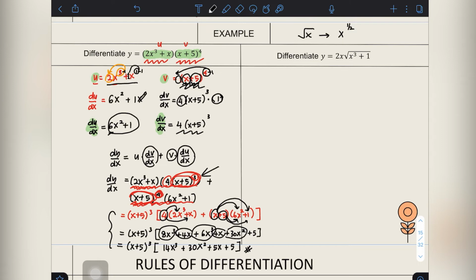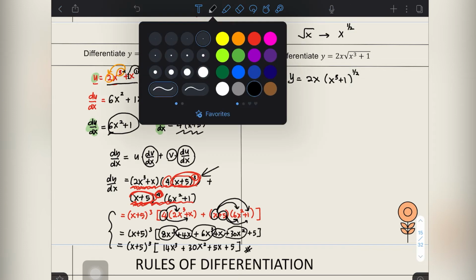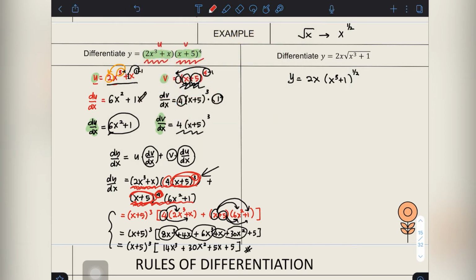So we can write this equation as y equal to 2x multiplied by (x^3 + 1)^(1/2). So now you already can see which one is the first equation and which one is the second equation. So you have 2x here as your first equation and the rest here is your second equation. So these two equations have been separated by the multiplication process in between.